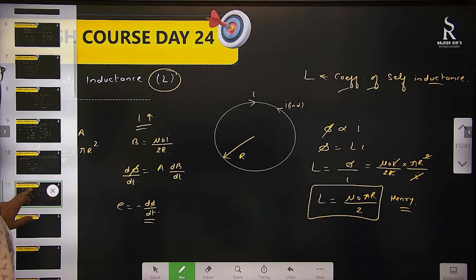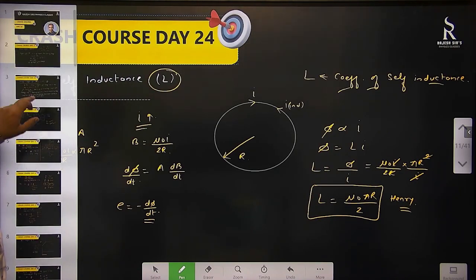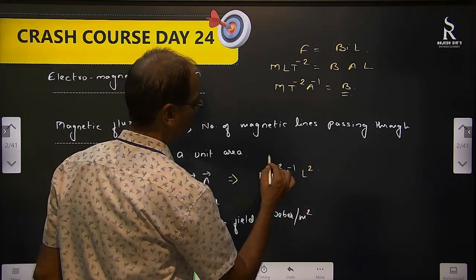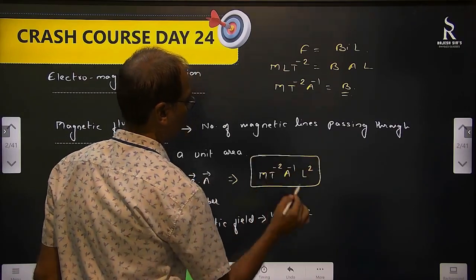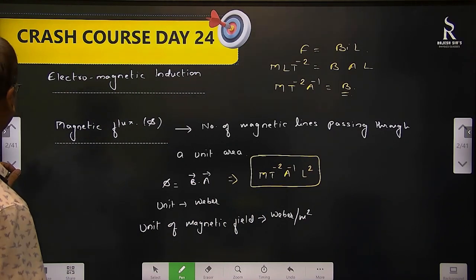Where we have found the magnetic flux, yes, here. Okay, to see that. This is here the dimensions. M T to the power minus 2 A to the power minus 1 L square.